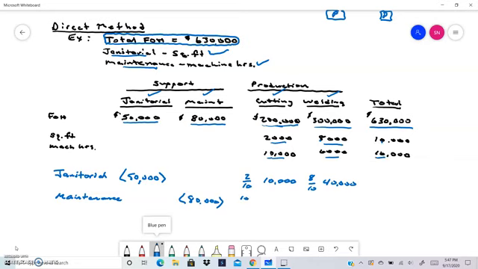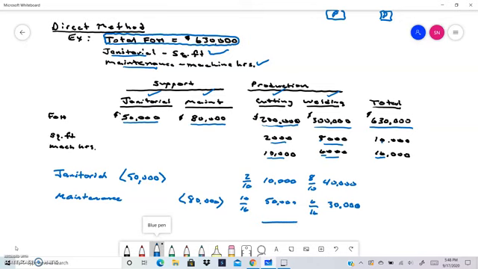So 10/16 times 80,000 is going to give us 50,000. And here in the welding, we've got 6,000 out of the total of 16,000. And so that's going to be 30,000. So that's how we've allocated our 80,000.